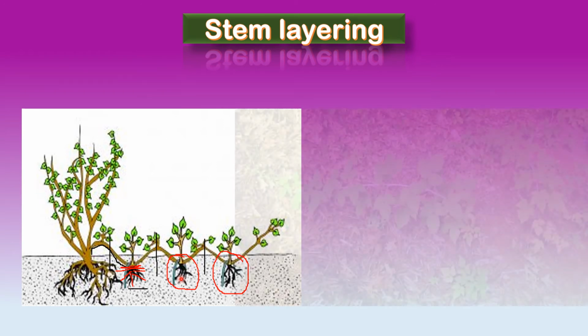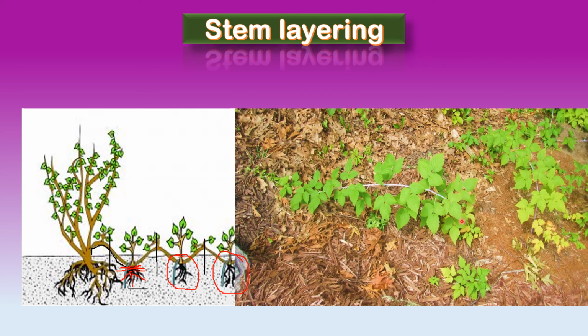You can see here also, children, in this image. Can you see? This is a raspberry plant. Now children, you can see the stem bending towards the ground. This is the point where it is covered with soil, and if you dig from this point, you will see it has developed root inside the soil. So this is layering.